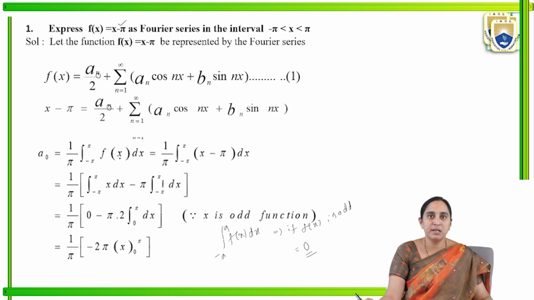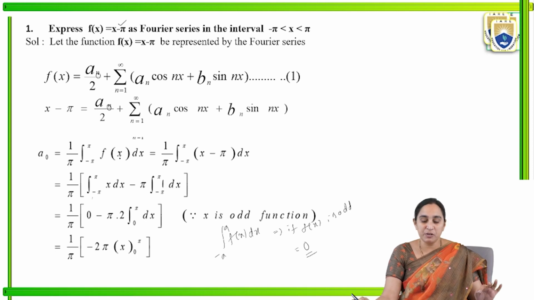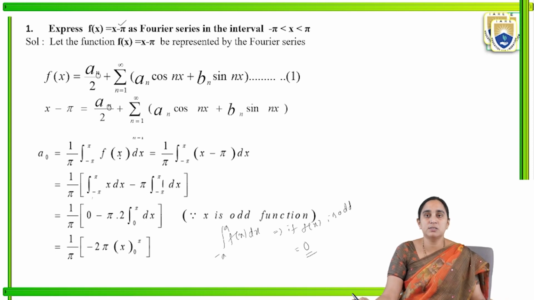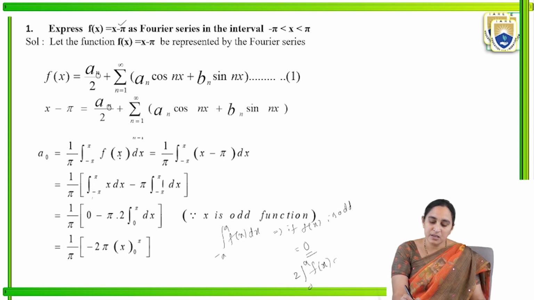Generally you have to consider that as minus a to a f of x dx. If the function is odd, directly that is 0. If the function is even, for that case what is the formula? 2 into integral 0 to a f of x dx.